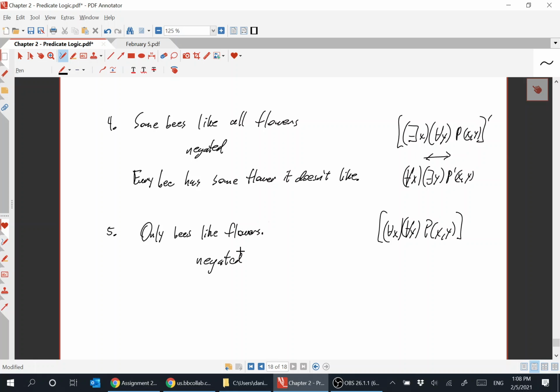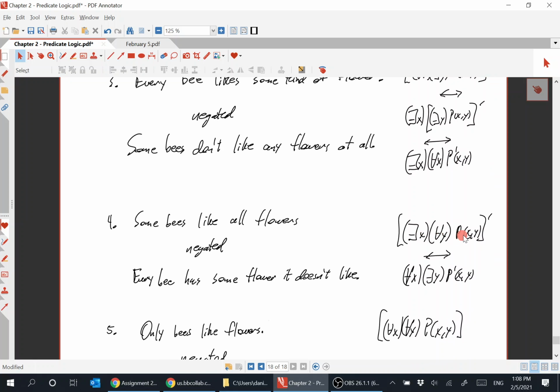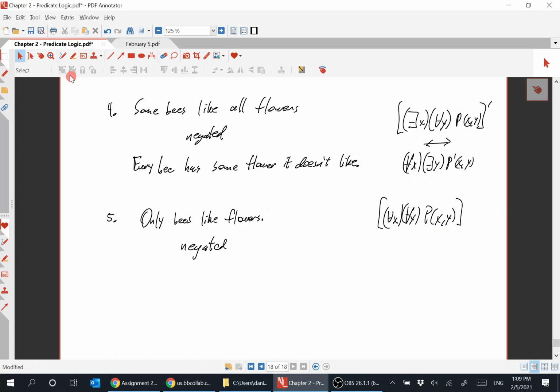Okay, so if we're going to negate it, what happens to those universal quantifiers? Just like what's been going on in these last two examples: if you had for every x there exists a y, P, negated becomes there exists an x for every y, not P. And there exists an x for every y, P becomes for every x there exists a y, not P. So now we've got for every x and for every y, P becomes what?